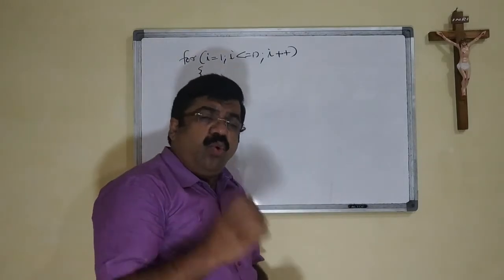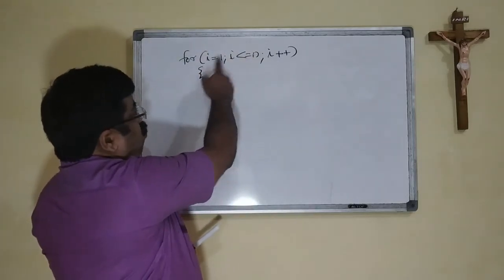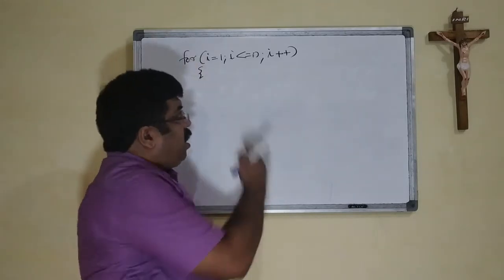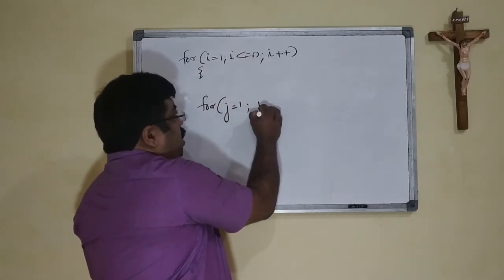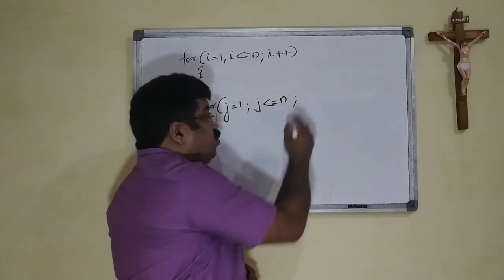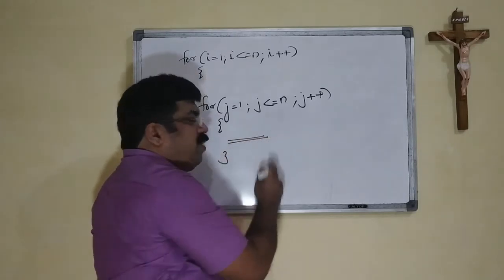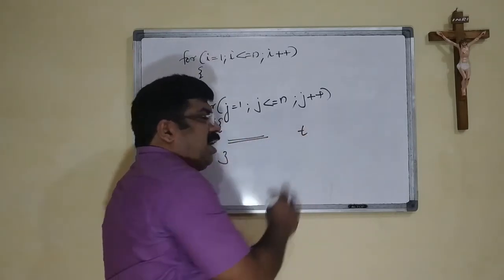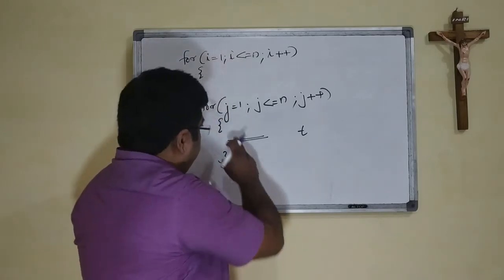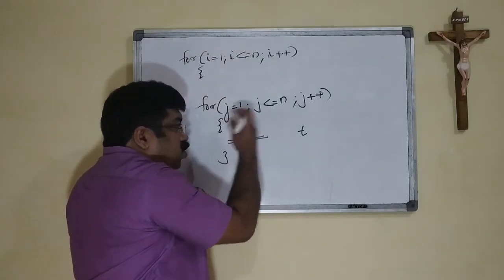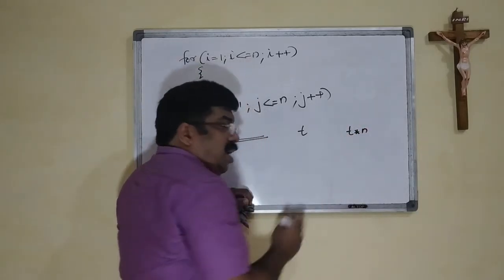Another one is complexity of calculating nested loops. So we have a first loop i equal to 1, i less than or equal to n, i plus plus. Again one more loop for j equal to 1, j less than or equal to n number of times, j plus plus. This particular one is having a few statements consuming t time. Time taken is t. So when this internal loop is over, it is working t into n times.